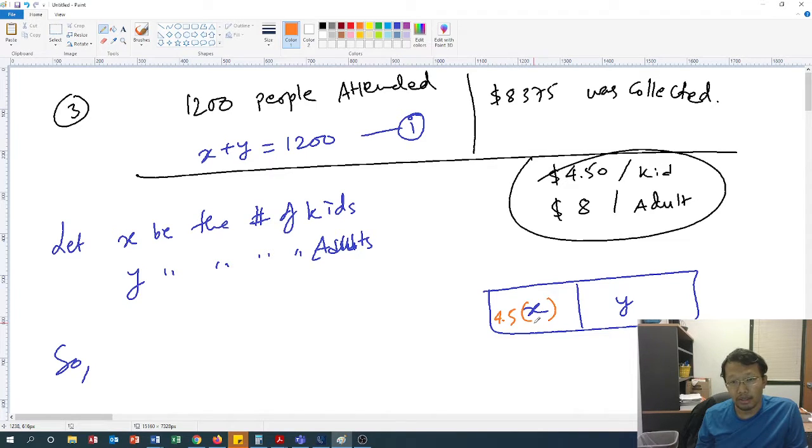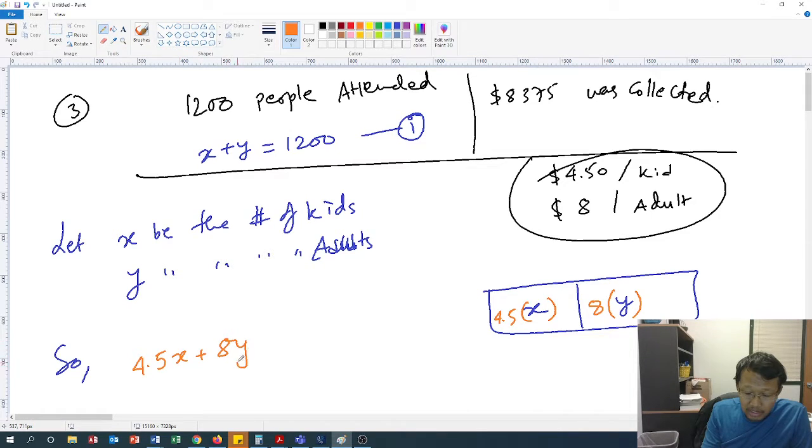Similarly, since Y adults entered, that would be $8 times Y. That is the total collection from these two groups, kids and adults. If you add them, you get 4.5x plus 8y equals 8,375.